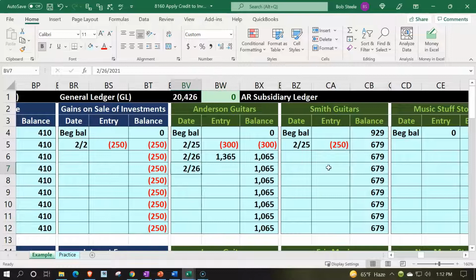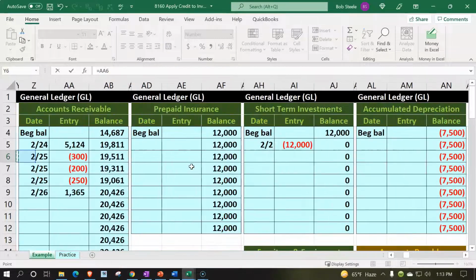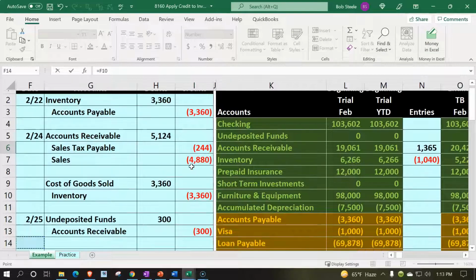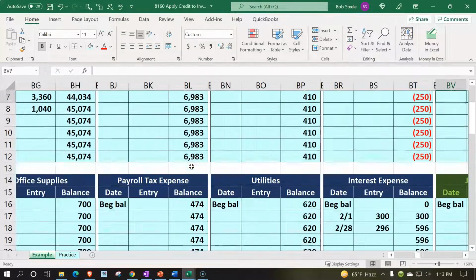I already had it posted. Sorry about that, I deleted it. So now we're going to post it again. On 226, on BW6, equals, left to the wall, and we're going to scroll down to that last item, which is the accounts receivable, 1365, enter.